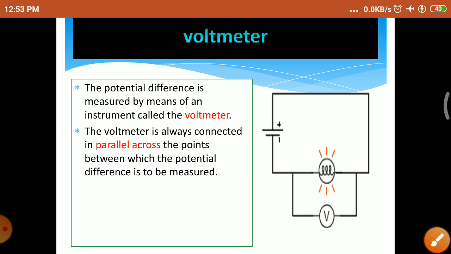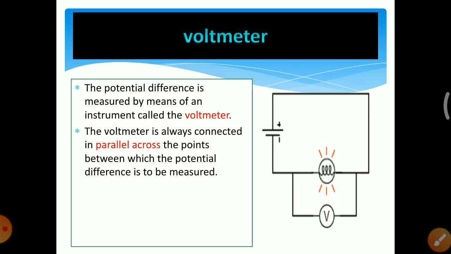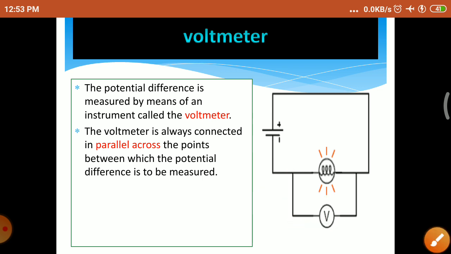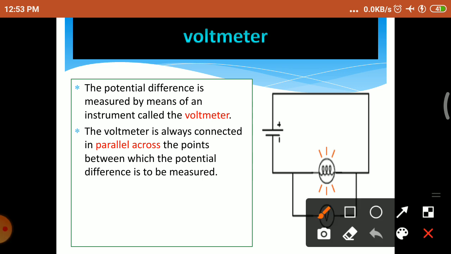Here I have to measure the potential difference from this end to this end. So here I connected the voltmeter across this electric bulb.